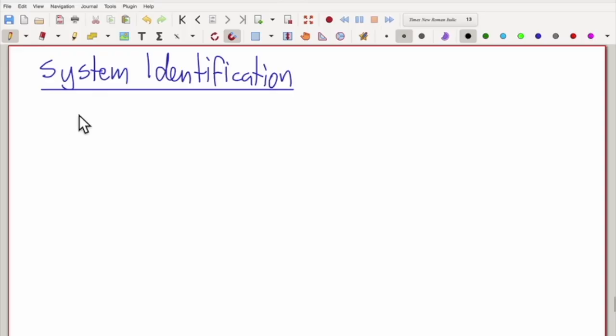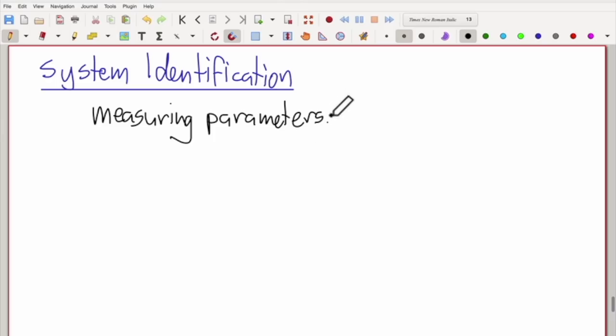So system identification is a fancy word to say measuring parameters. In this case, we're going to look at how do we measure R, this motor torque constant K, and then also Tc if we care about efficiency.